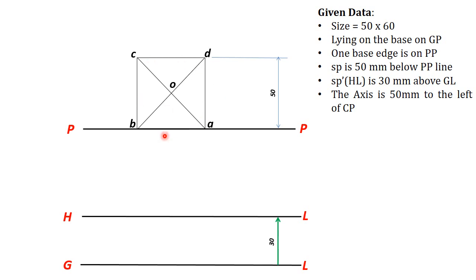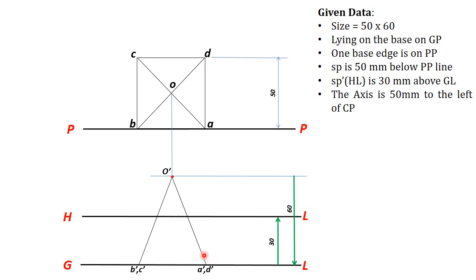So this is your pyramid's top view. Now you can draw the front view of the pyramid by drawing perpendicular projectors from each top view point.